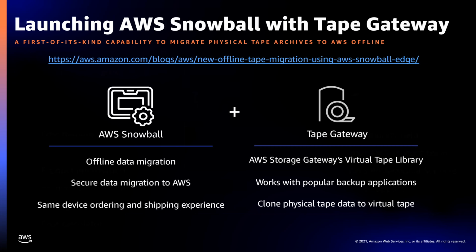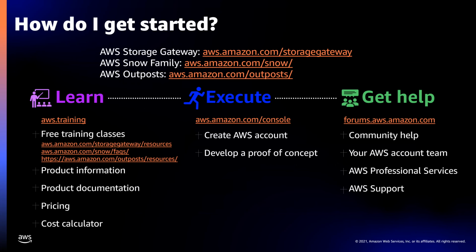All right, so how do you get started? So you can look at our website. We do have free training classes for Storage Gateway, Snowball, and Outposts, so you'll be able to dig deeper into what the capabilities are of all those solutions. You can also create an AWS account if you don't have one already.